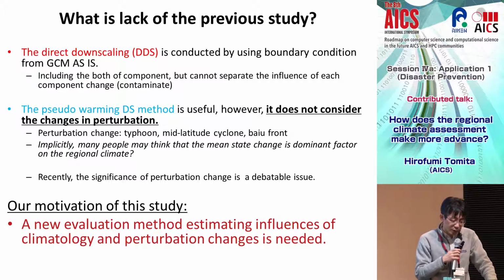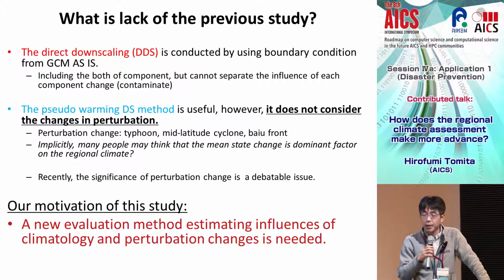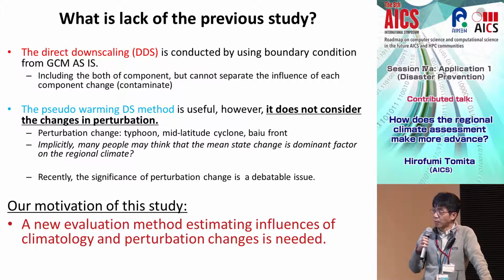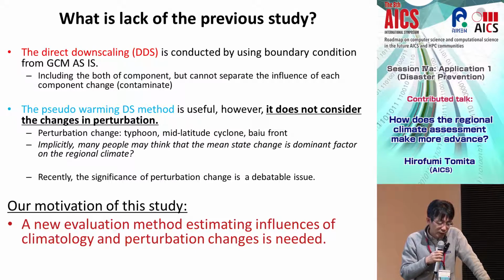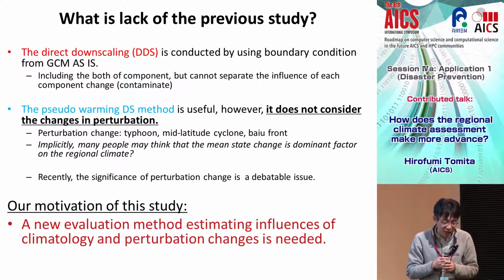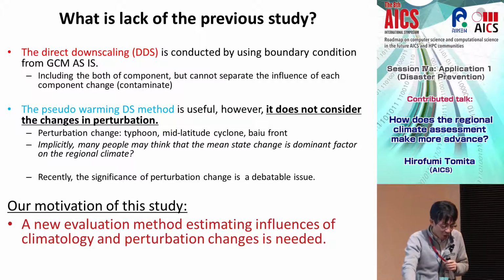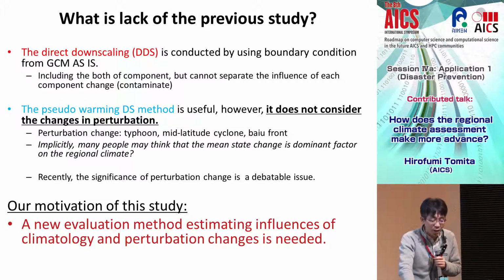On the other hand, the pseudo-warming DS method is very useful and widely used. But it does not consider the change in perturbation, as I mentioned. So I think that historically, many people have thought that the mean state change is the dominant factor in regional climate.